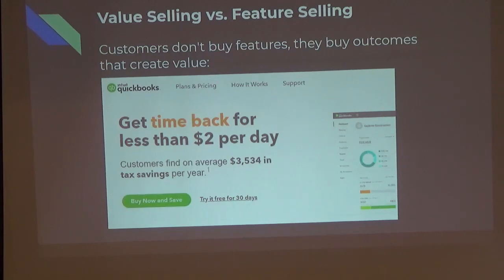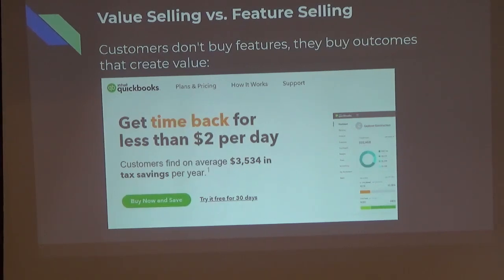And on average, customers save $3,500 in tax savings per year. They're not really telling you any features of the product. They're telling you what value you can expect to get by using their product. Save time, and for roughly $700 a year you spend, you can expect on average to save $3,500 in your tax bill.